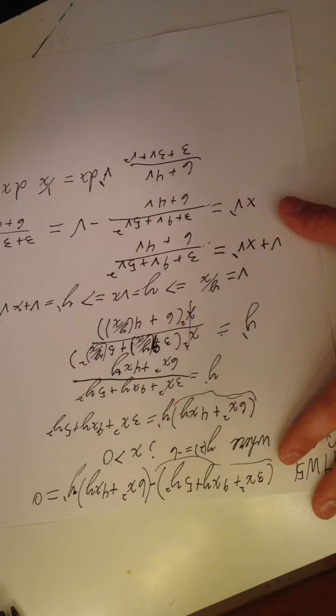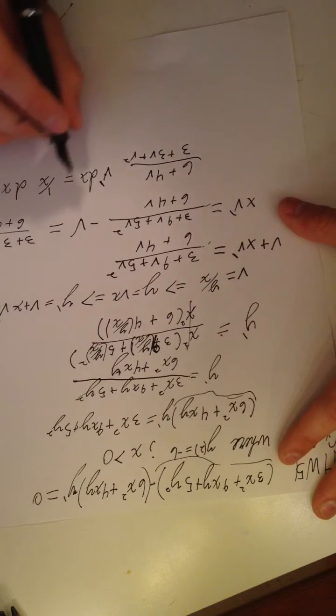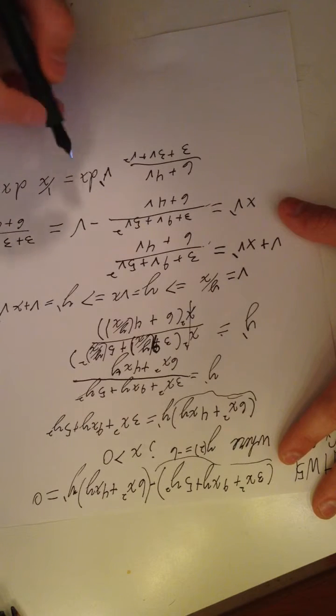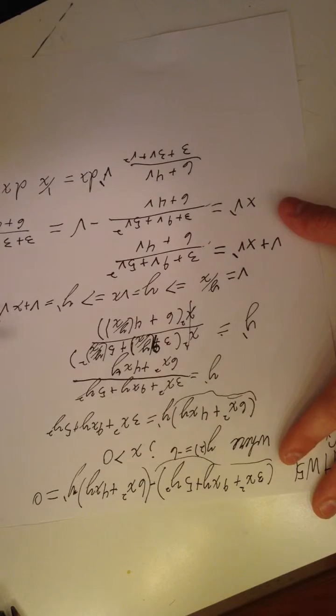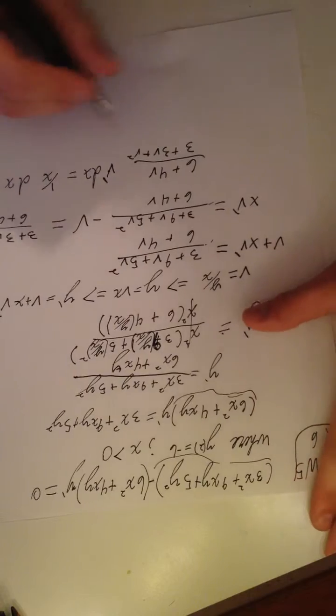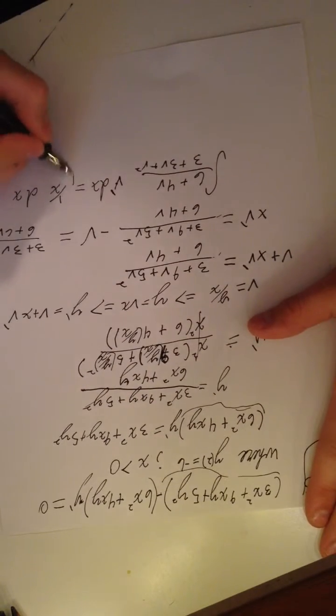The reason we had to flip this over is that when separating the dv and dx, you have to flip it over so you can separate it properly. And now we're going to integrate these two functions.